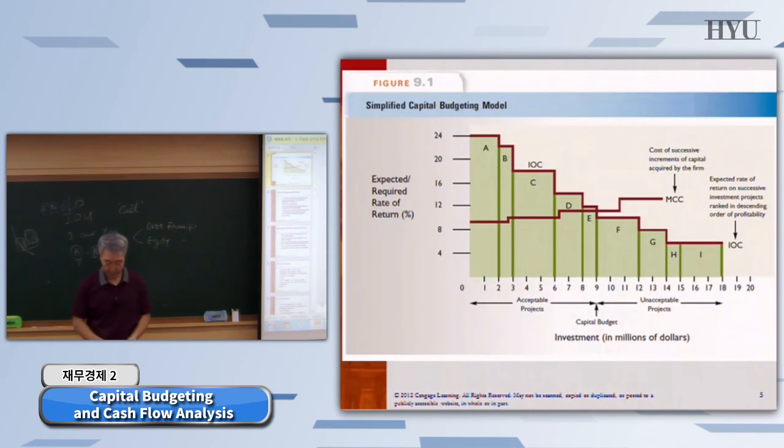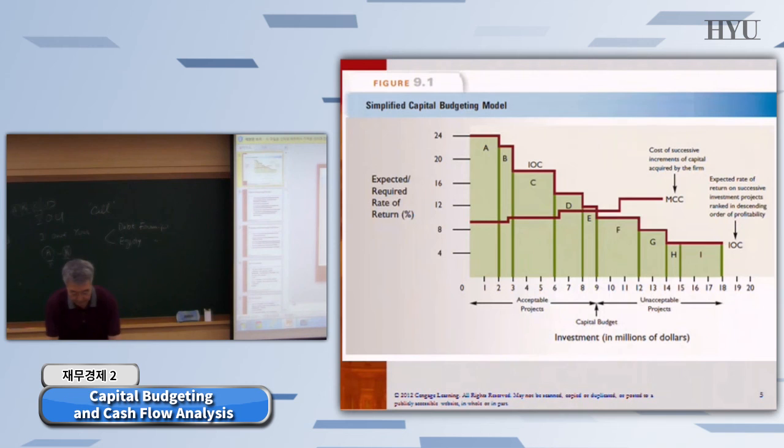And here's the illustration, right? This is directly out of the textbook, right? Well, first of all, IOC, investment opportunity cost curve, is this downward sloping curve, right? And that's just a collection of different projects.